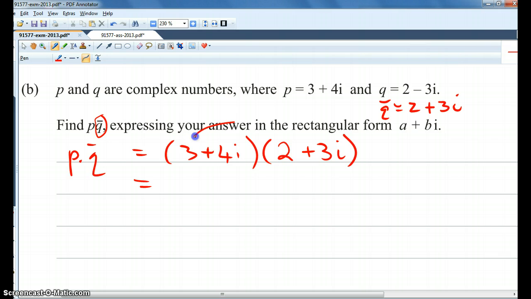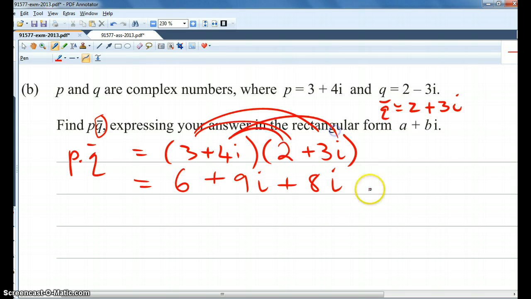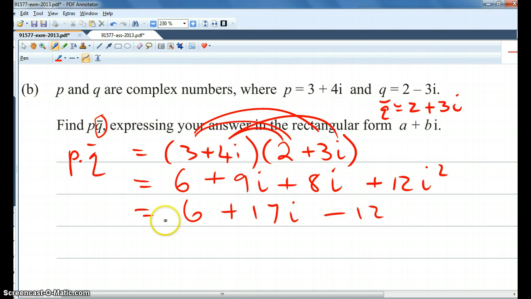And now I expand that, so 2 3s are 6, plus 3 3s are 9i, plus 2 4s are 8i, plus 3 4s are 12i squared, which equals 6 plus 17i, because 9 and 8 is 17, and minus 12, because i squared is negative 1. So that's negative 6 plus 17i.